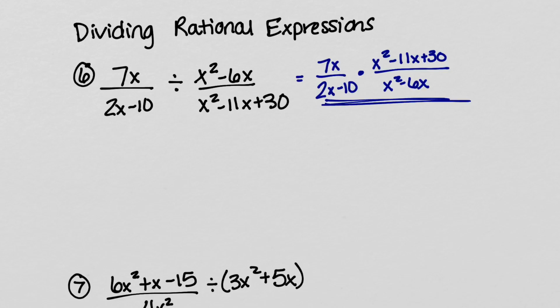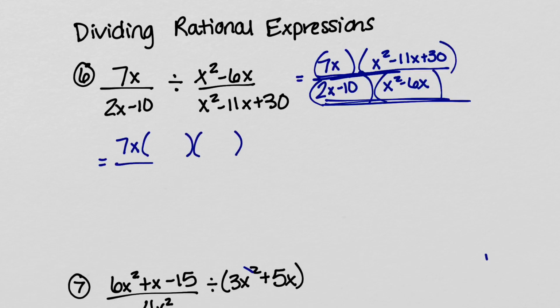I need to factor everything as much as possible. So let's start in our numerator, because remember, this is being multiplied by that. And we need to factor. Well, 7x doesn't factor any farther than that. So on the top, I know I'm going to have a 7x. That quadratic can factor.